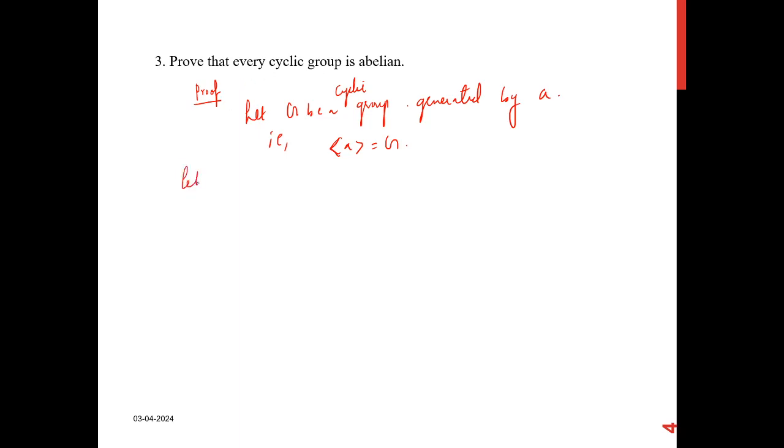So let x, y belong to G. Since G is of the form A raised to 1, A square, etc., x must be some A raised to k and y must be some A raised to r. Then what is x star y? x star y is A raised to k star A raised to r.